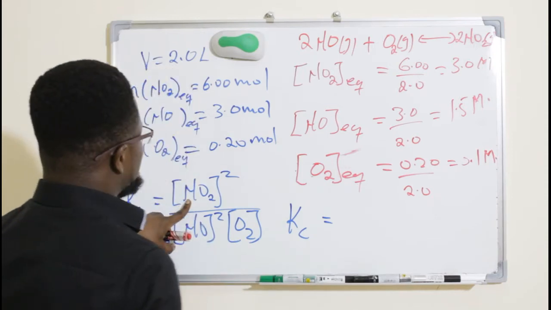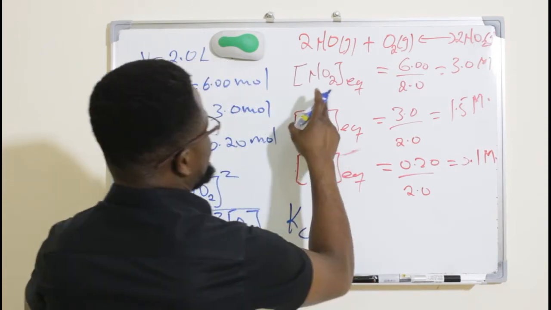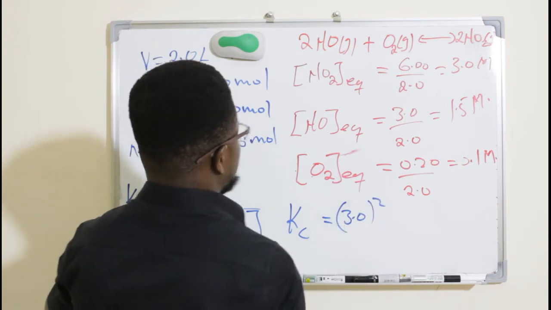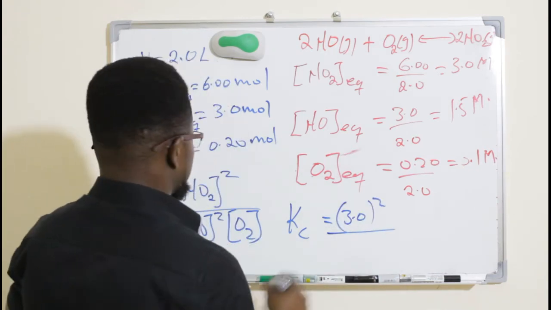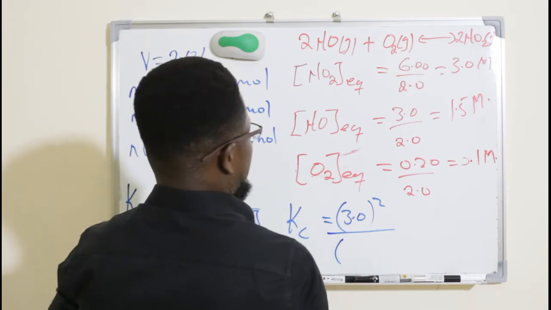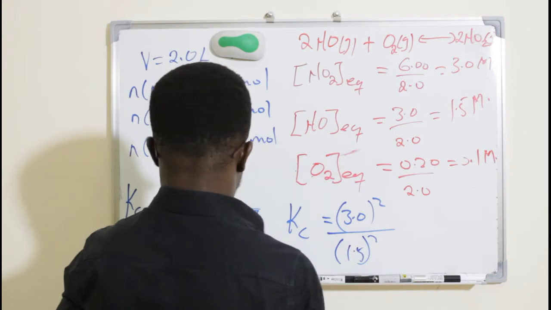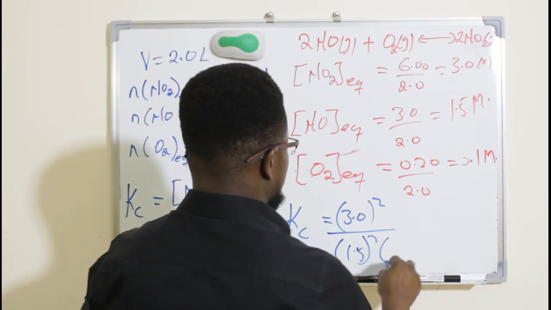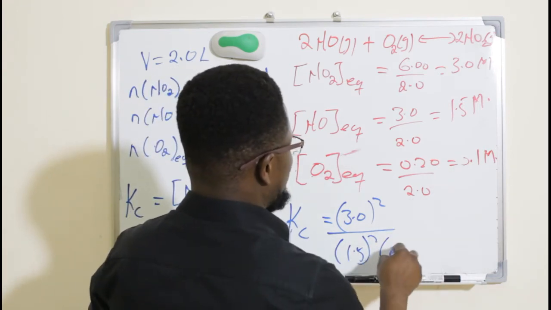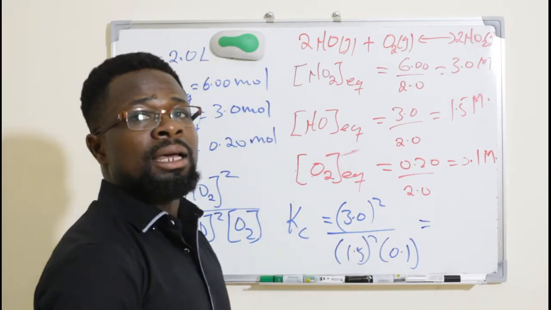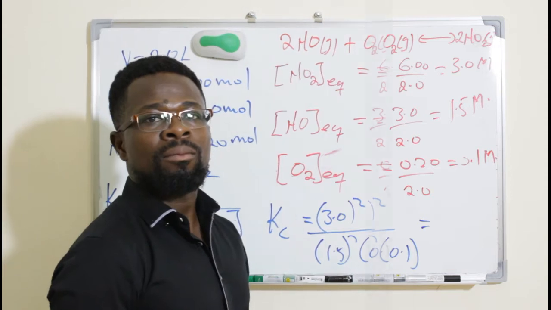If I do the substitution, NO2 is now 3.0 squared, and NO is now 1.5 squared multiplied by 0.1. And then let's take the calculator and see what we're going to have.